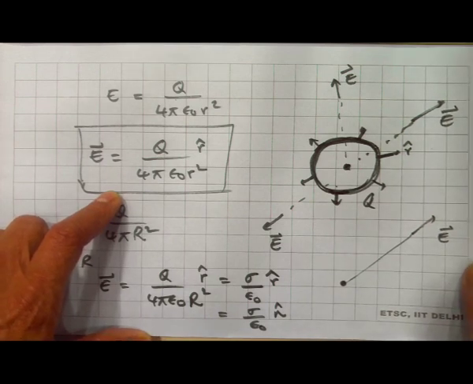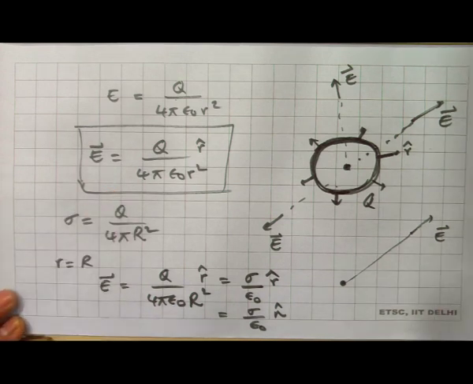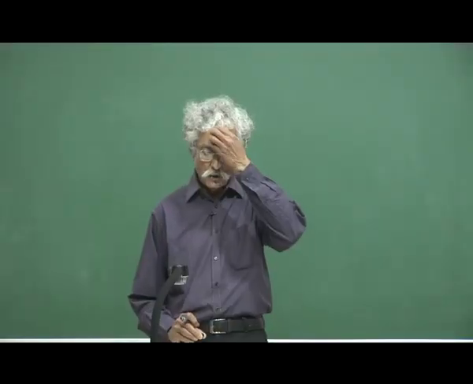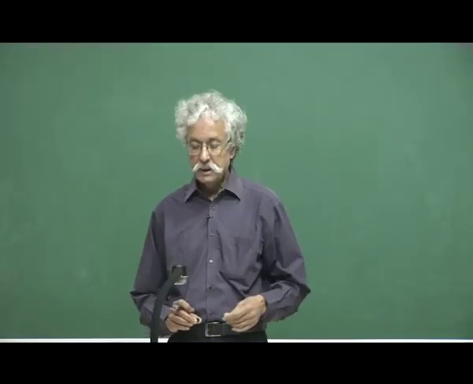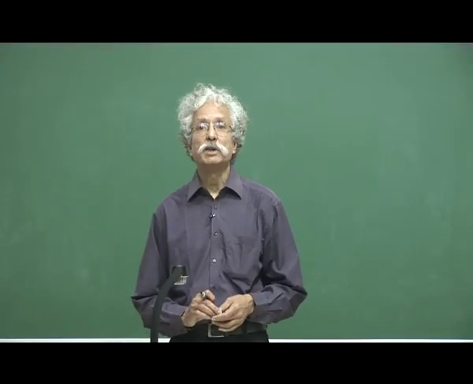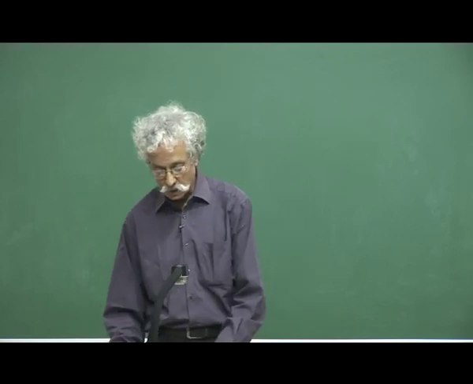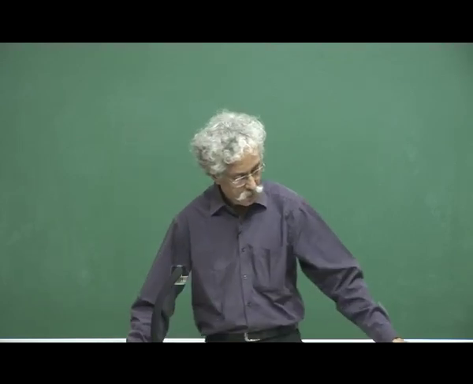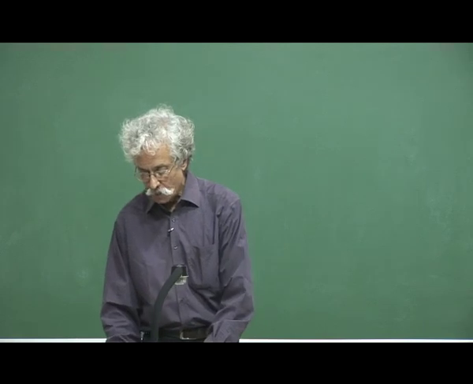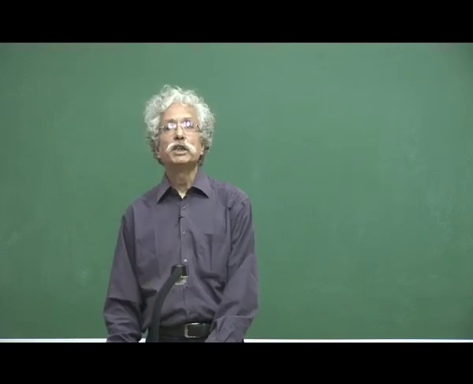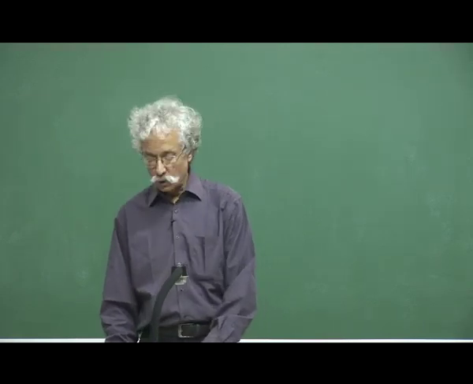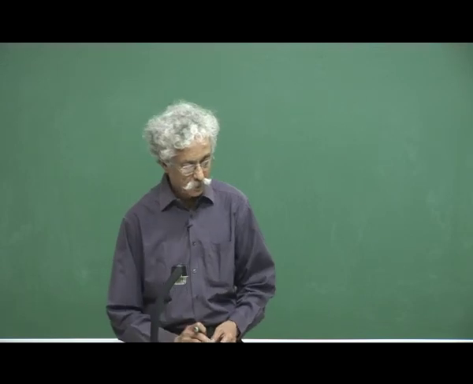You may have come across a similar situation in studying gravitation. The gravitational attraction of a spherical mass distribution is exactly the same as if the entire mass was concentrated at the center of the spherical distribution. Because gravitational force and electrostatic force follow similar laws, the results are very similar.